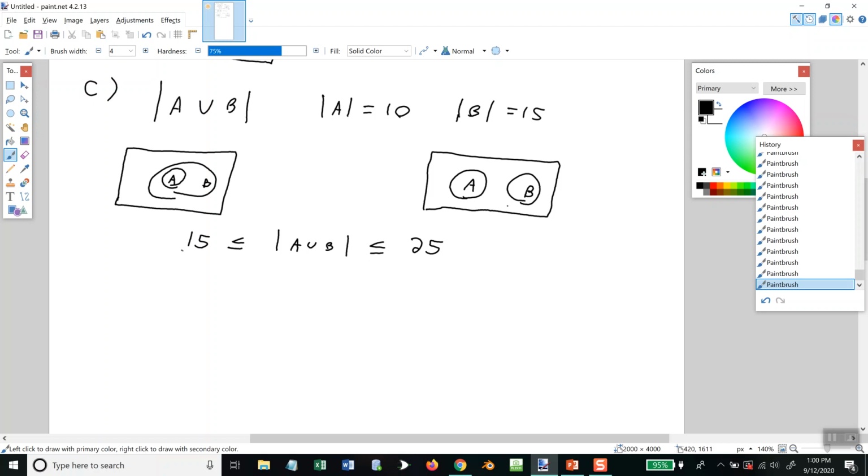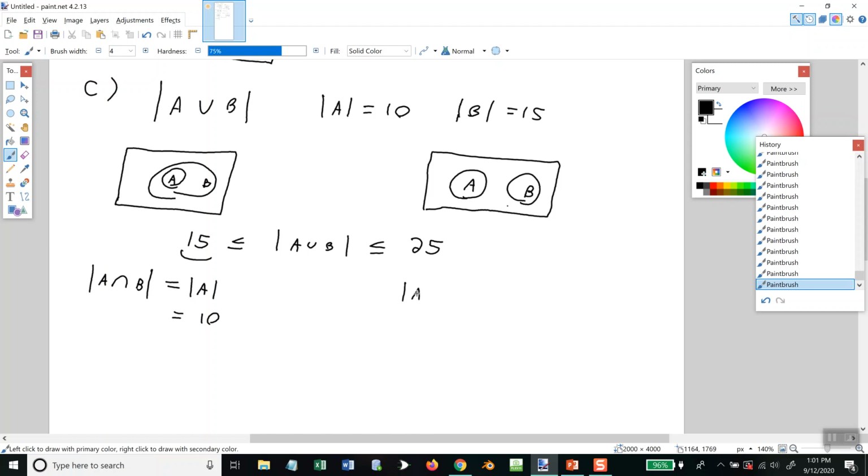Now, this is a specific case where the intersection of those, so the cardinality of the intersection of A and B, is equal to the cardinality of A, which is equal to 10. So that's this possibility here. Now over this one, let me think about this.